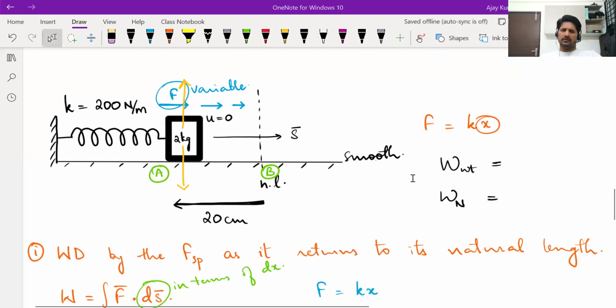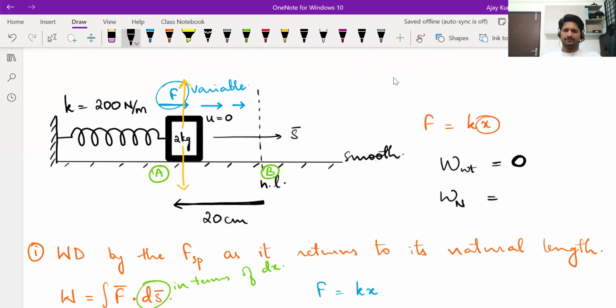Yusuf, you tell me, in which direction is weight acting? Down. In which direction is the object getting displaced? Right side. What is the angle between force and displacement? 90. So work done should be? When force is perpendicular to displacement, the work done will be 0.